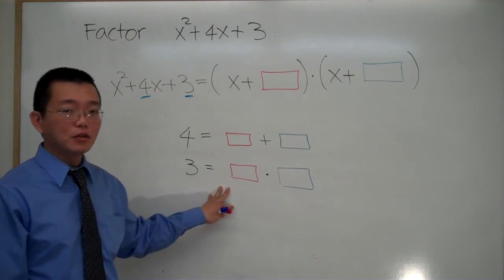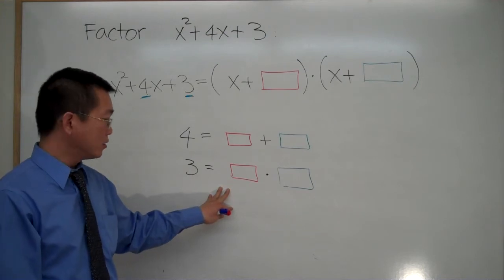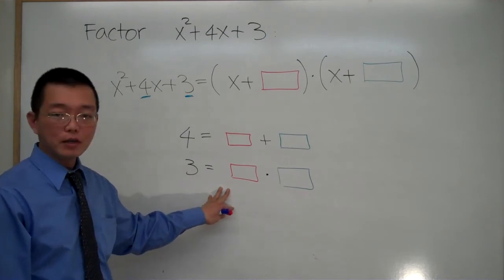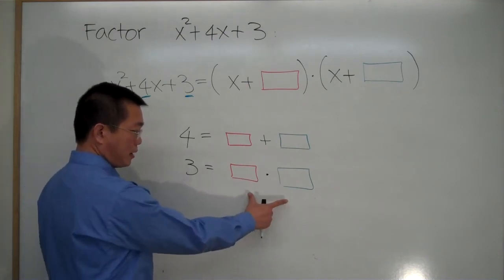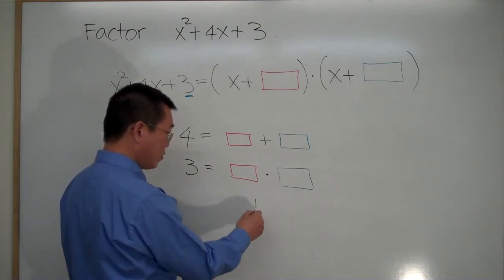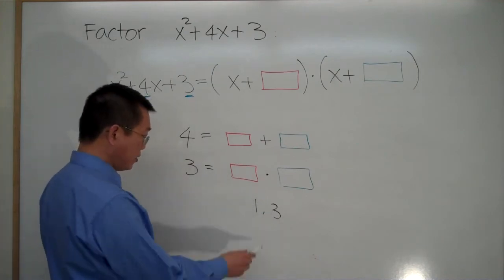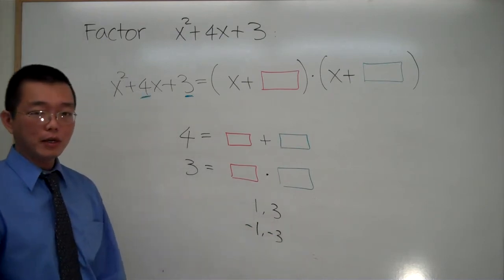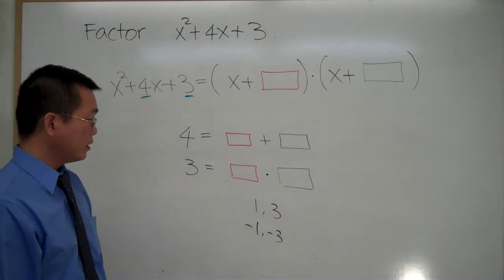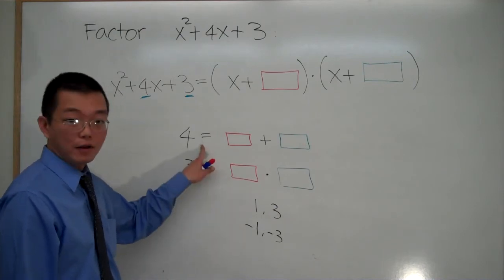because after all, there are not too many numbers that multiply to be 3. So we'd like to consider the pairs that multiply to be 3: maybe 1 and 3, or 3 and 1. You can also consider -1 and -3. After all, they also multiply to be 3. Now between these two pairs, whose sum would be 4?